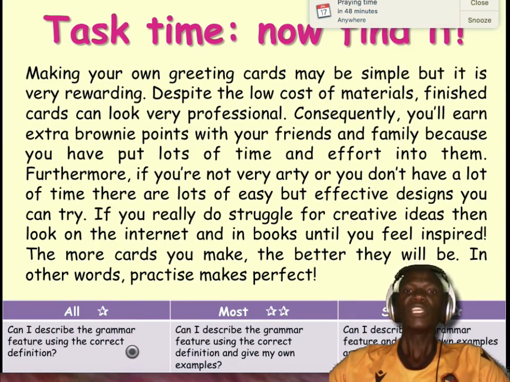Furthermore, if you are not very arty or you don't have a lot of time, there are a lot of easy but effective designs you can try. If you really do struggle for creative ideas, then look on the internet and in books until you feel inspired.